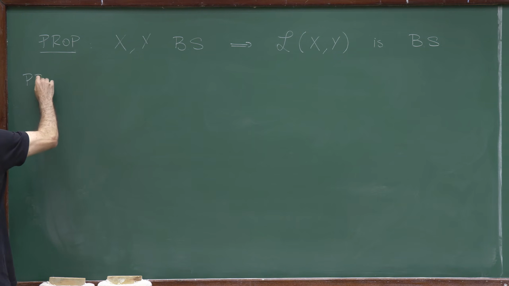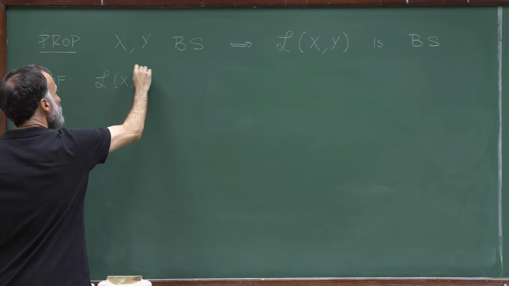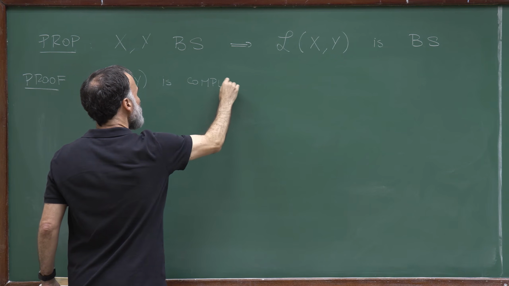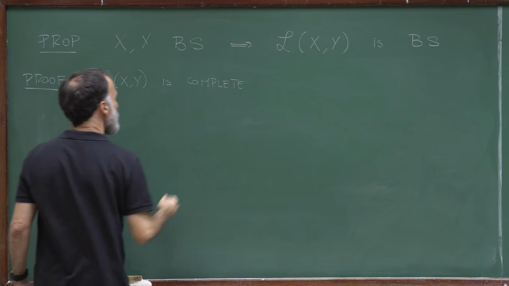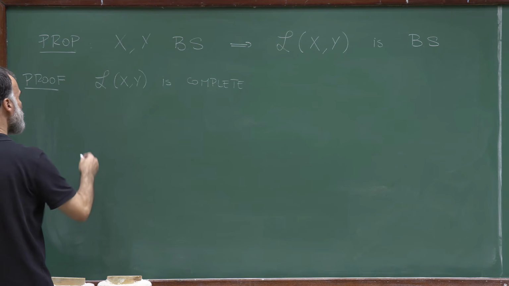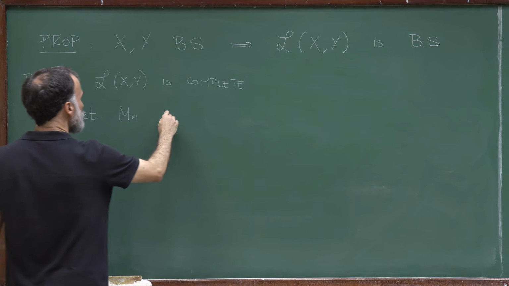What remains to be done is to show that it's complete. So Lxy is complete. To prove that it's complete, we have to consider a Cauchy sequence and prove that this Cauchy sequence converges. So let Mn be a Cauchy sequence.